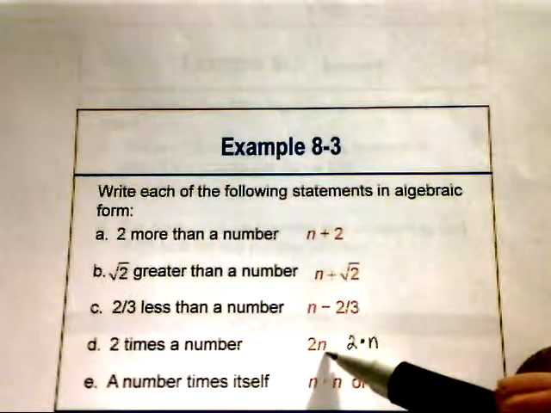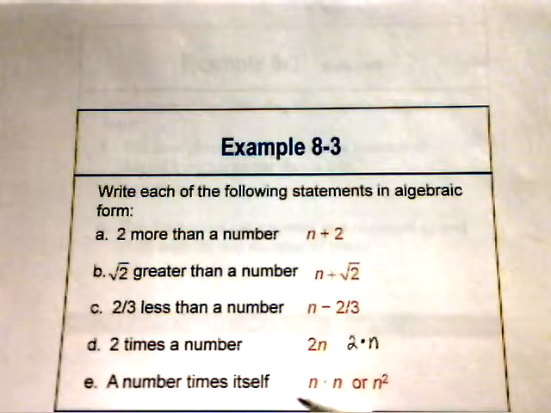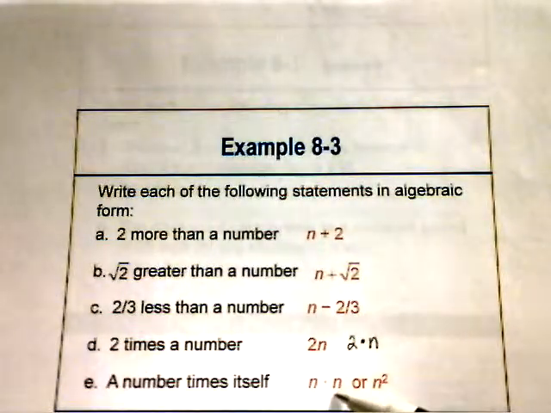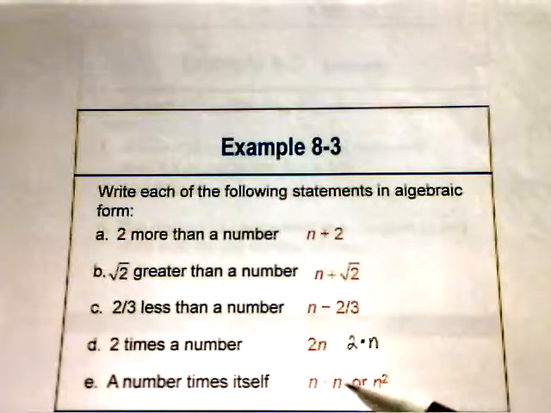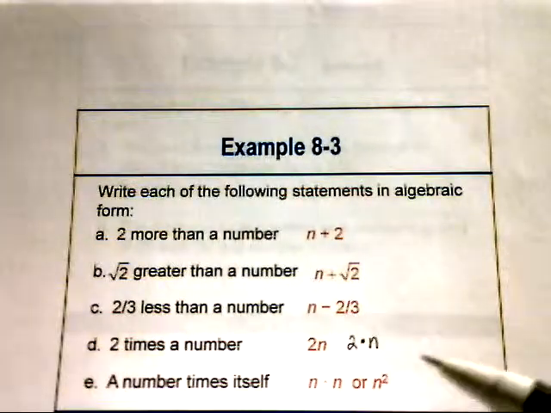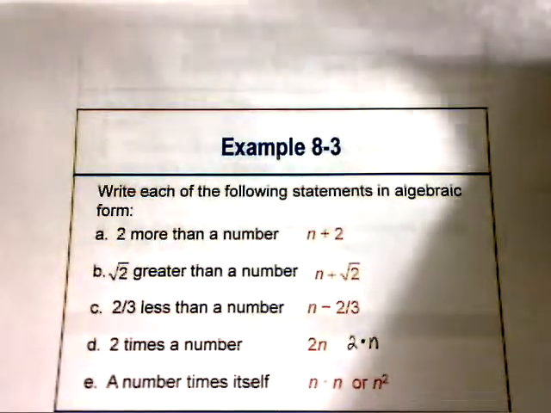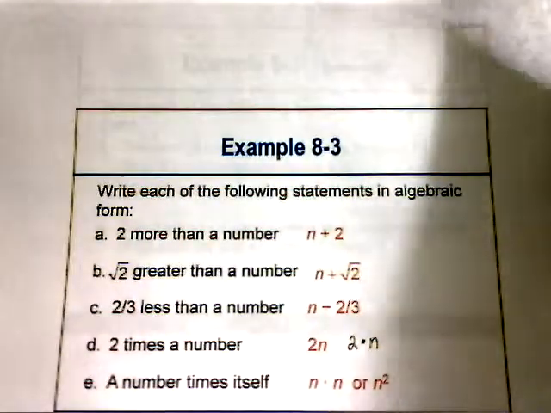We know that's going to be a multiplication. And part E, a number times itself will be n times n. Or we can say n to the second. Okay, because n is used as a factor 2 times, so we can write that as n to the second. So this is how we can translate some of these word phrases into algebraic expressions.